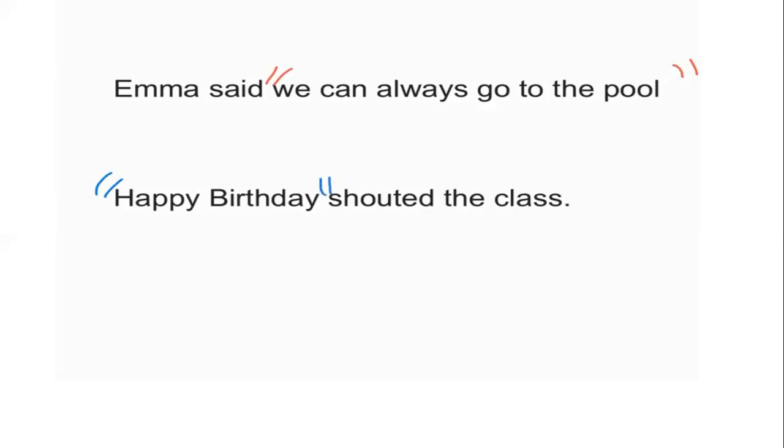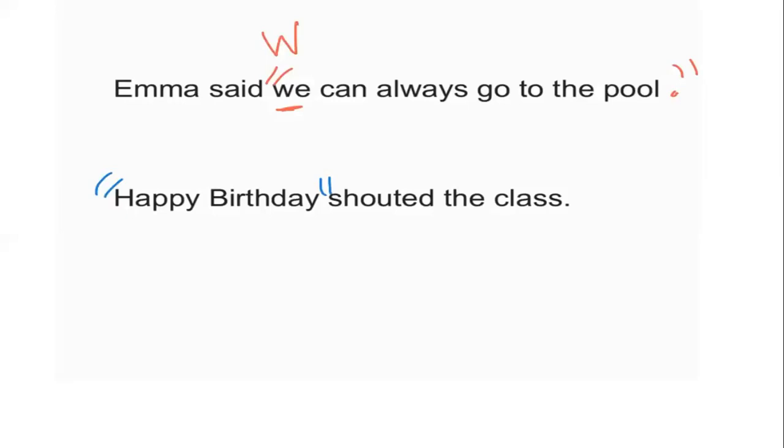Now, let's go back and look for anything else that we need to add. In our first example, Emma said, "We can always go to the pool." What needs to be changed, or what should we add? You're right. Our W needs to be a capital because it's the beginning of a sentence. We also need an ending mark at the end of our sentence.